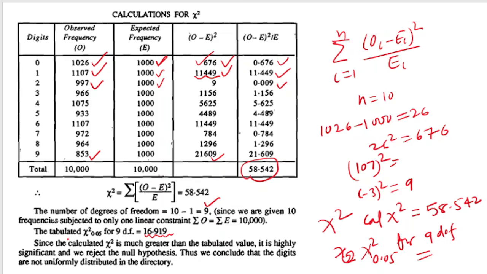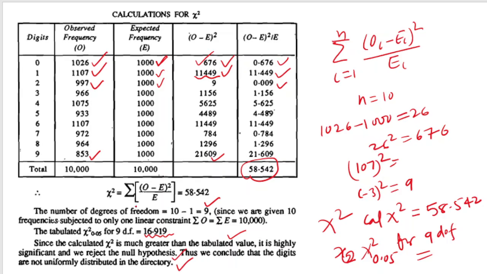Since the calculated chi-square is much greater than the tabulated value, it is highly significant and we reject the null hypothesis. As you know, if your calculated test statistic is greater than tabulated, then you reject the null hypothesis. So in this case we conclude that digits are not uniformly distributed in the directory.